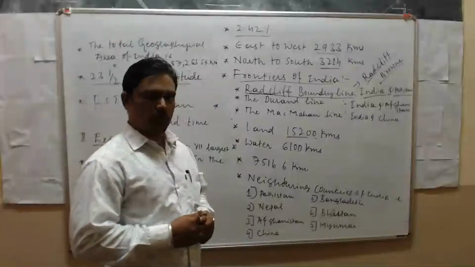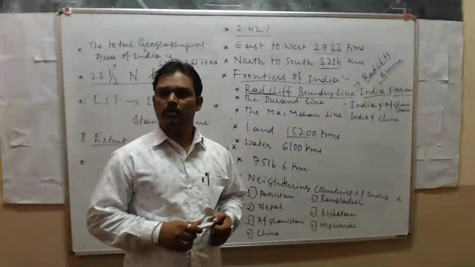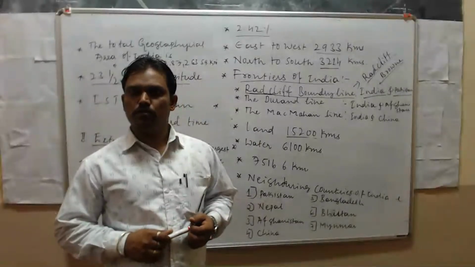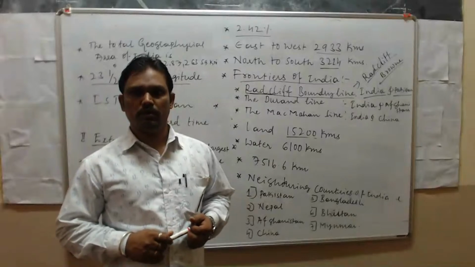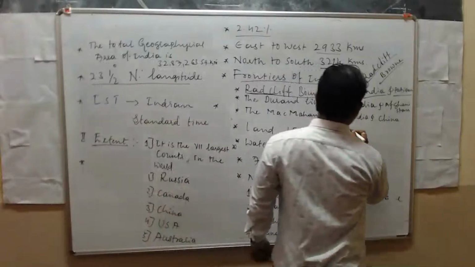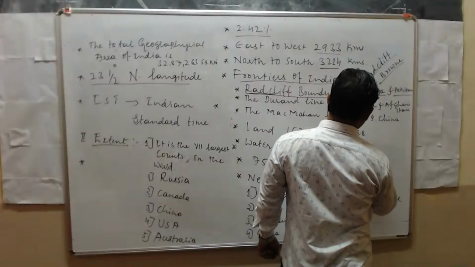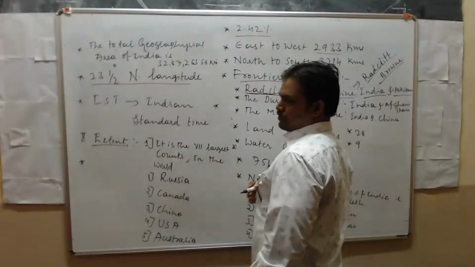Recently Kashmir has been given union territory status. So at present India has 28 states and 9 union territories.